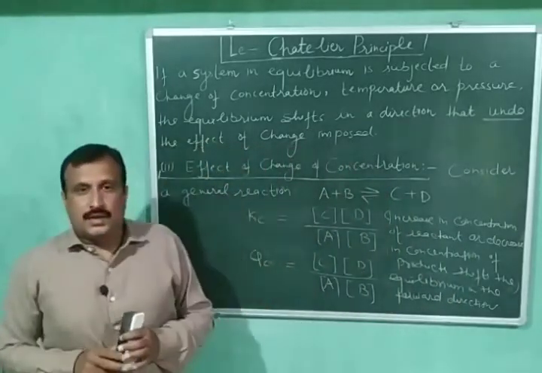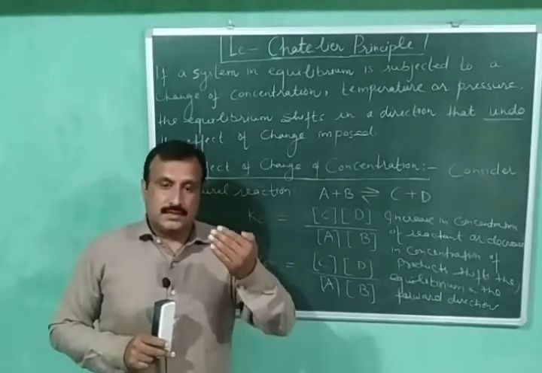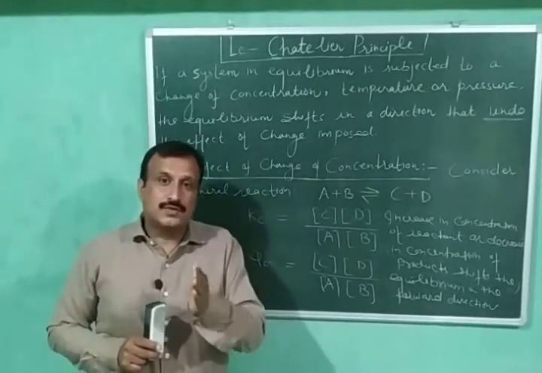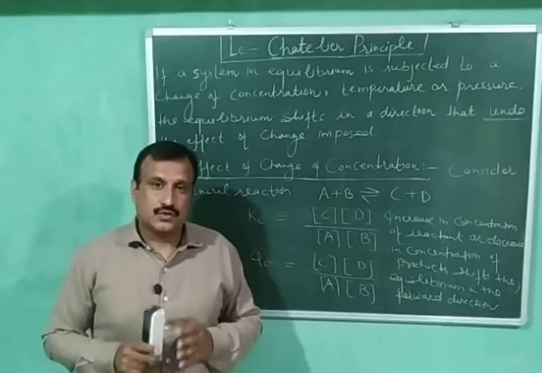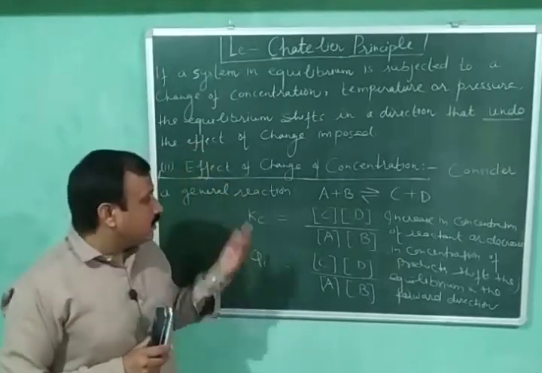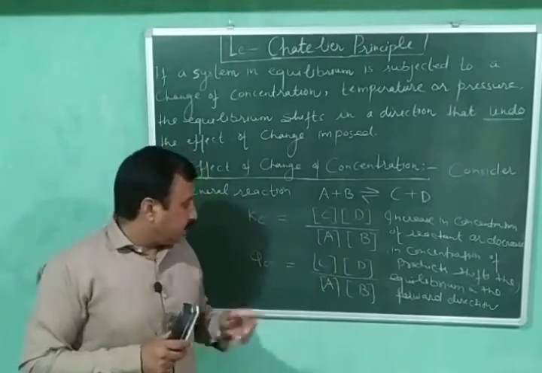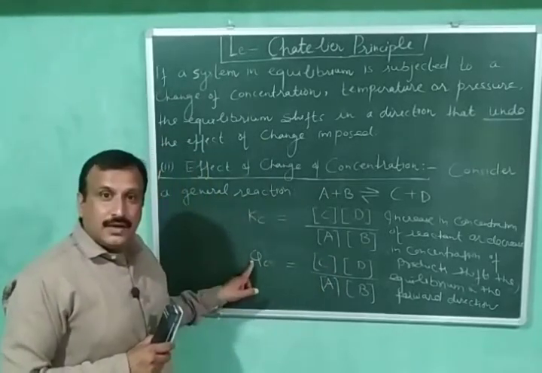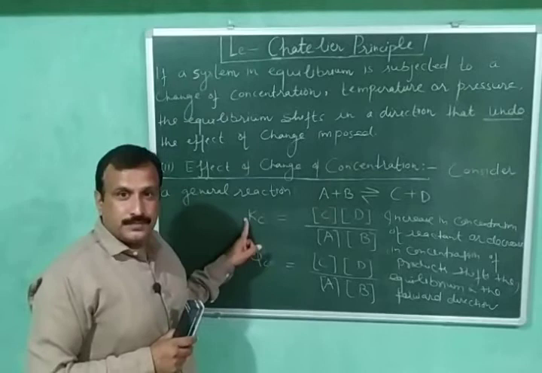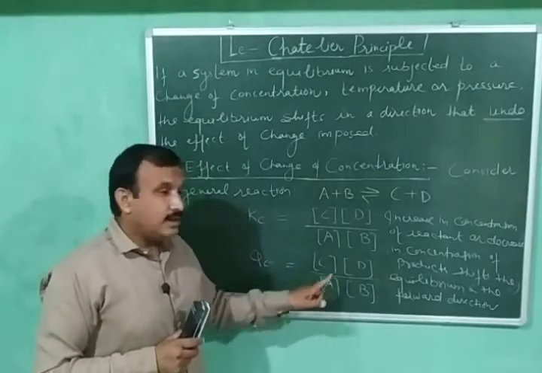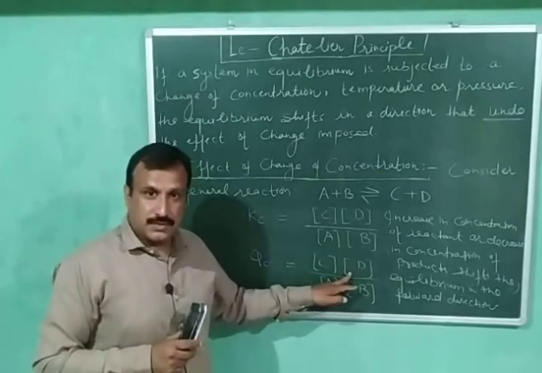Okay, so now let us discuss the effect of increase of concentration of products. So friends, when we increase the concentration of products by adding more of C and D, then the Qc will have more value than Kc, because C and D are present in the numerator of this equation.